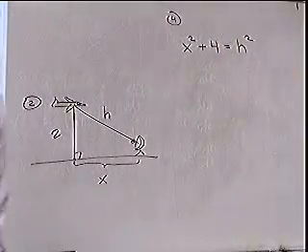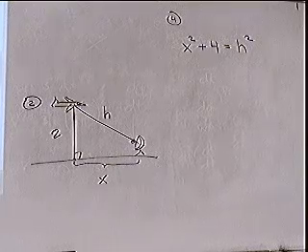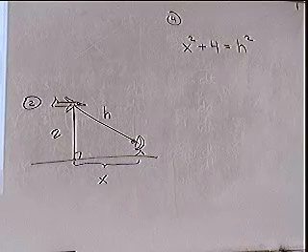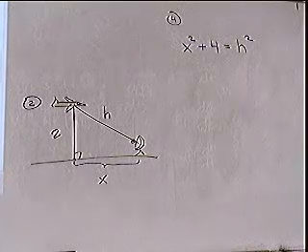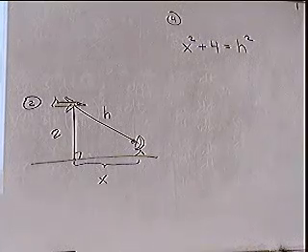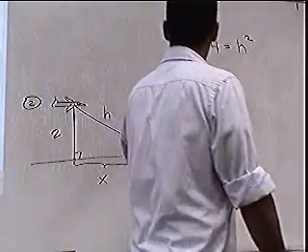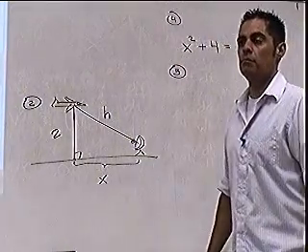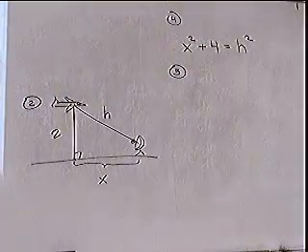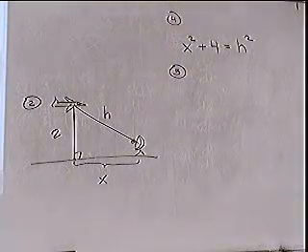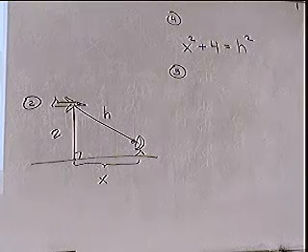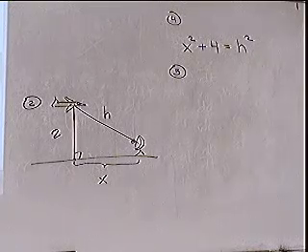You now have an equation connecting X and H together. Once you have the equation, you differentiate it implicitly with respect to time. What is the derivative of that with respect to time? 2x. Oh, careful. Yeah, dx dt, right?